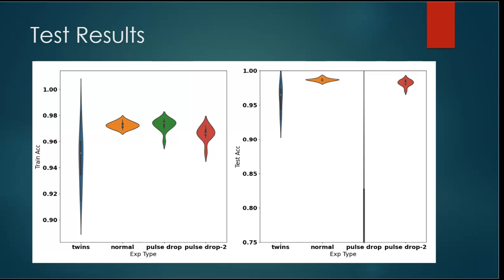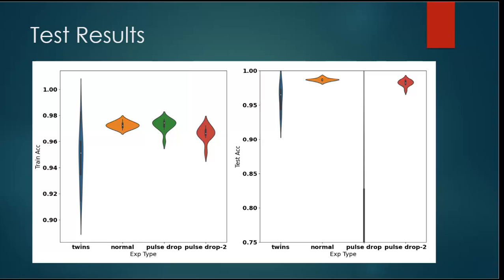And then on the test accuracy, one of the big takeaways here is that the original pulse drop experiment, which only had pulse drop in the test set, has terrible performance. I actually had to truncate the graph to start at 0.75. It goes all the way down to only 50% accuracy for that test set. So basically, if the pulse drop is not included in the training set, then it has terrible performance.